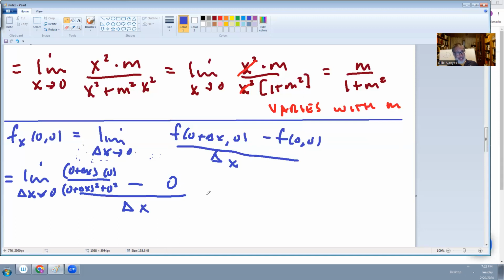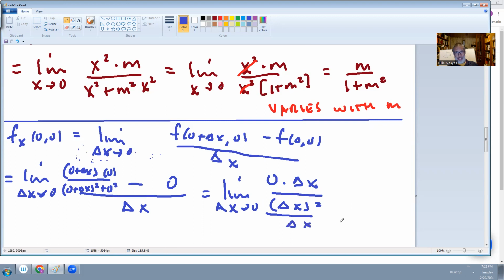Up top, we have a 0 times delta x. On the bottom, we have a delta x squared.